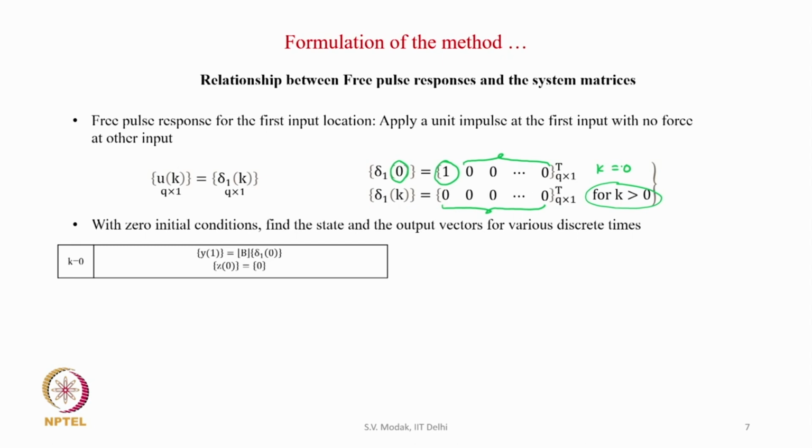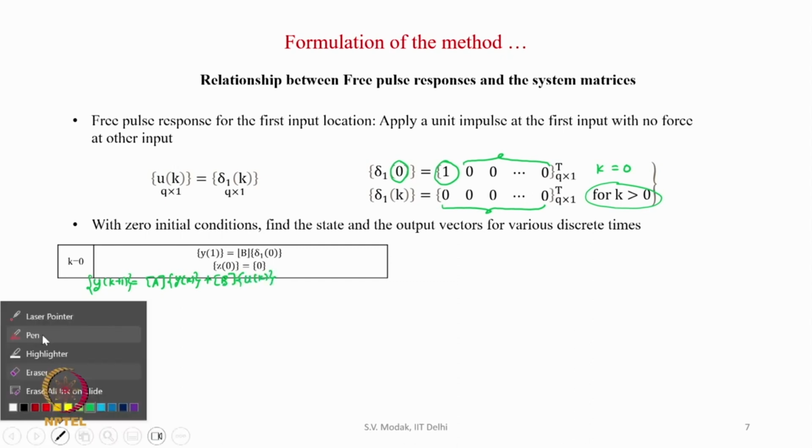So, now we use the discrete state space model and try to determine what is the state vector, and then the output vector at k equal to 0, right. So, if we recall the equation, the discrete equation was y k plus 1 equal to matrix A times vector yk plus B into uk. So, this was the state equation.